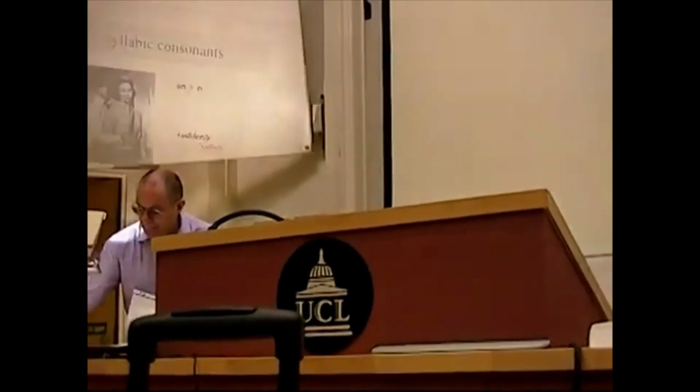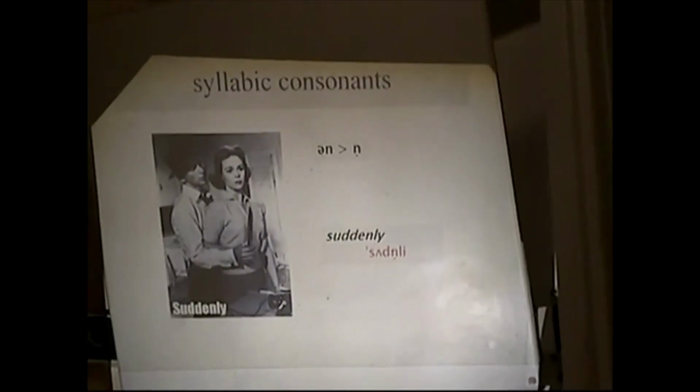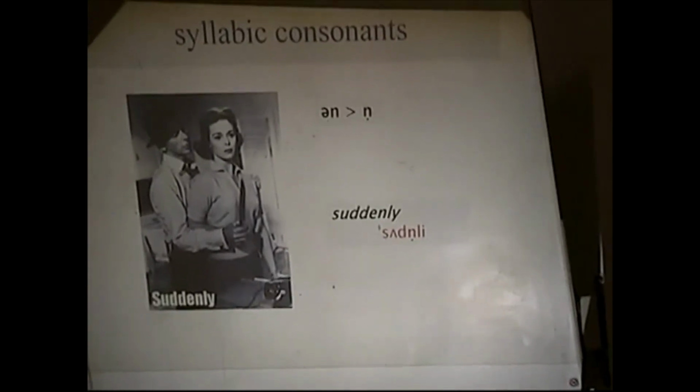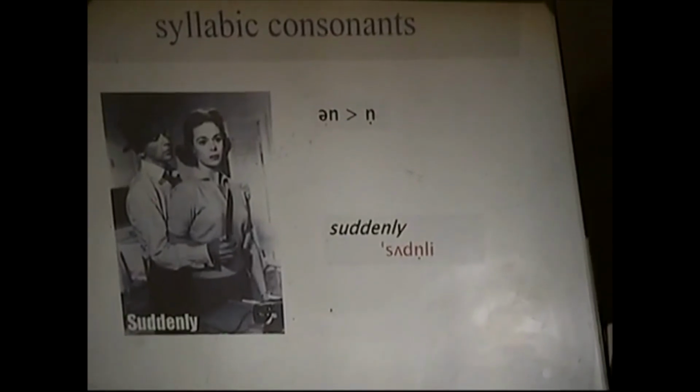And last thing before we run out of time is syllabic consonants. English has these N's and L's, and sometimes M's and R's, which are syllabic. That is to say, if we have a word like suddenly, it has 3 syllables. Suddenly. And yet, it only seems to have 2 vowels.